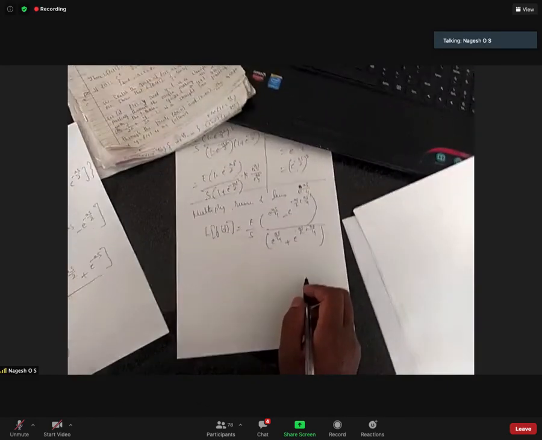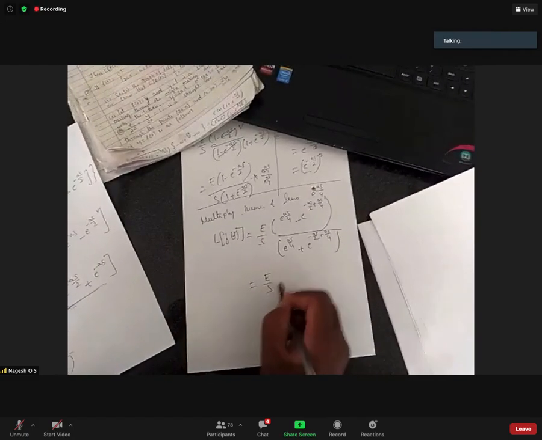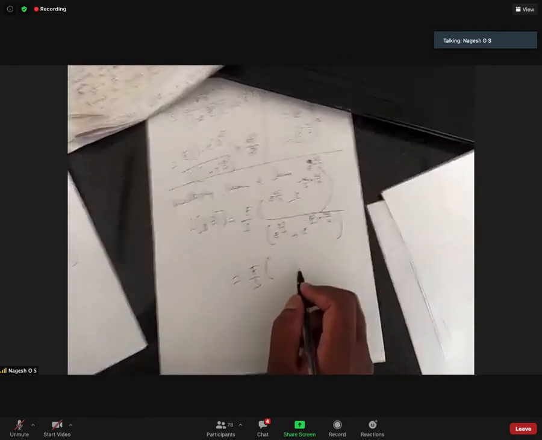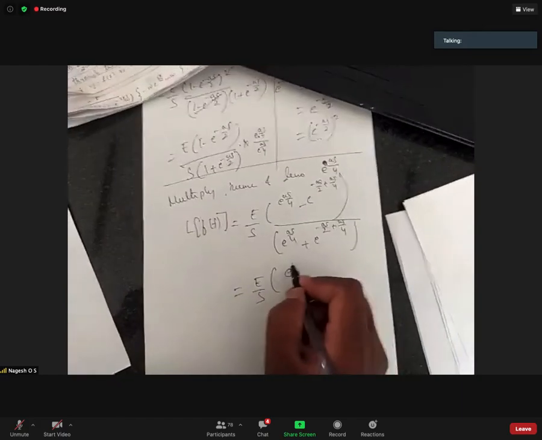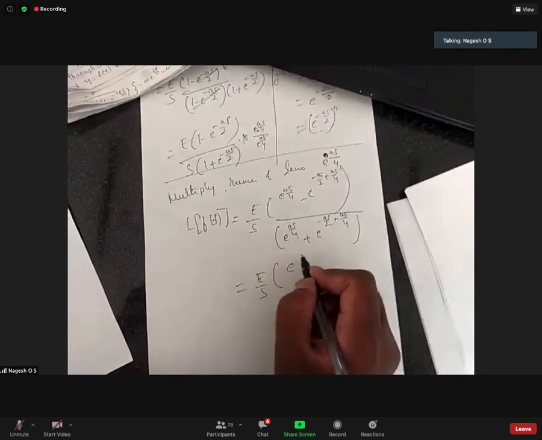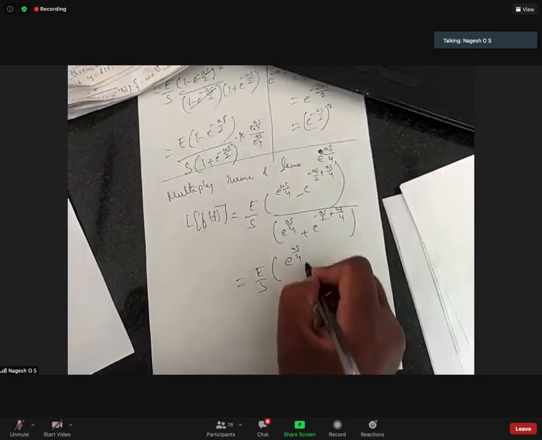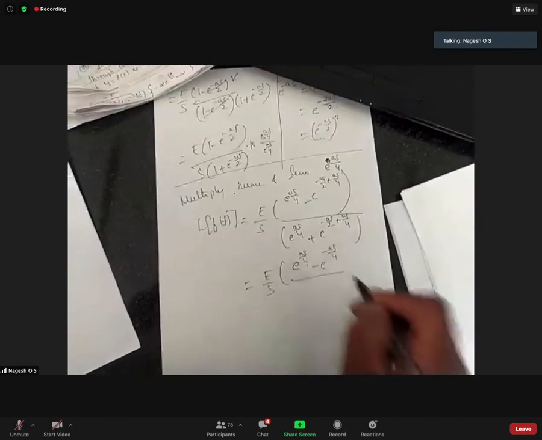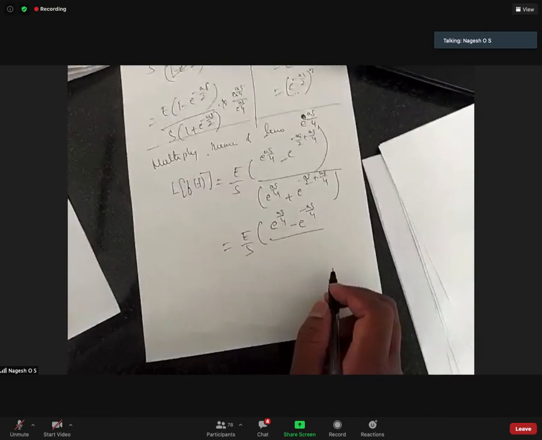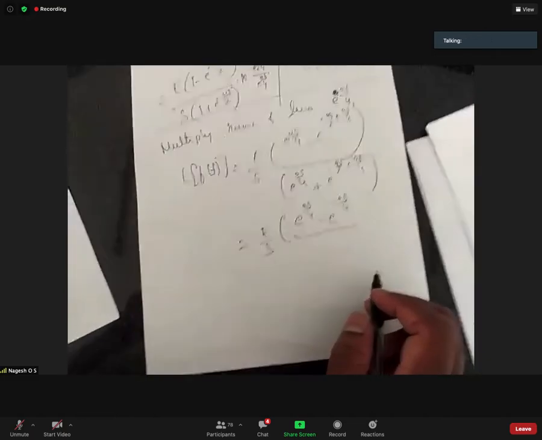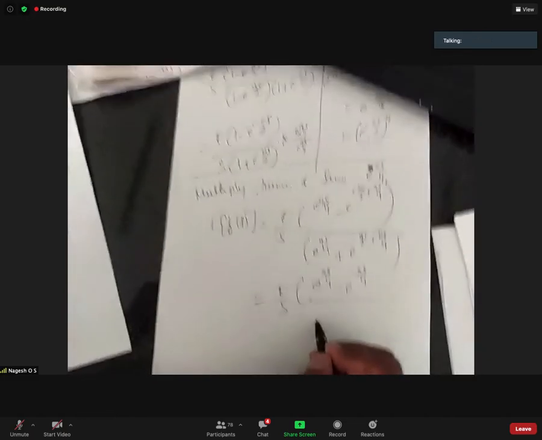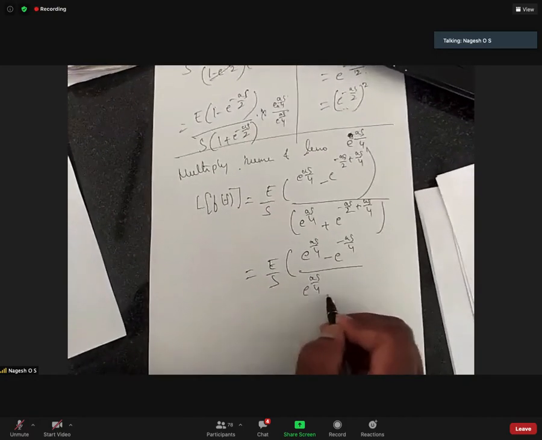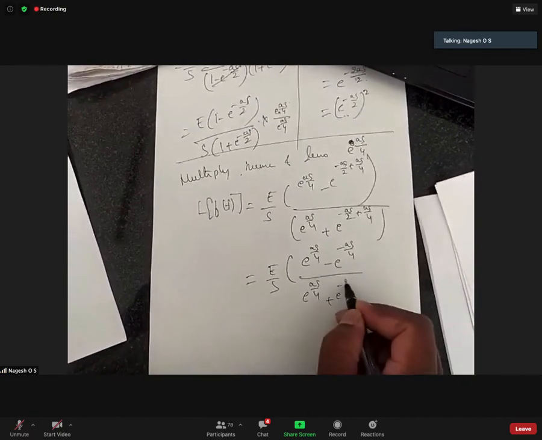Adding the powers, e/s times e power s by 4 minus e power minus s by 4, you will get. You can take the LCM of 2 and 4. Then again in the denominator e power s by 4 plus e power minus s by 4.